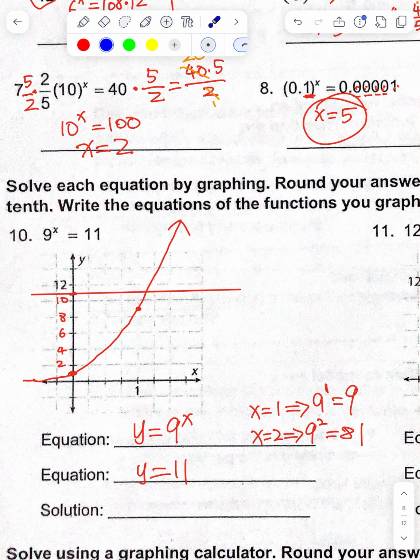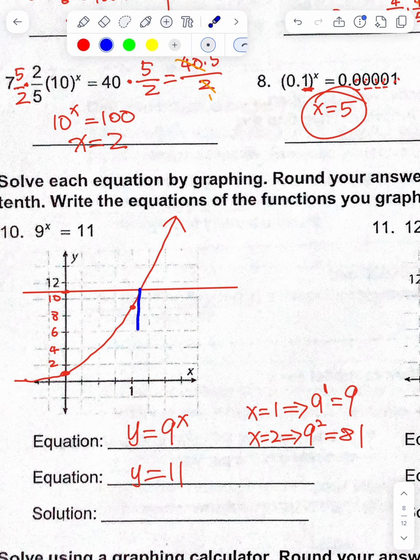So now, the intersection is the solution. This solution, x equal to what? The x value is right here. 1 point something. It's like 1.1 maybe. When we solve an equation by graphing, this is the least accurate method. So we're going to write x almost 1.1.